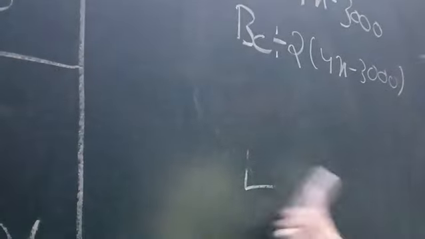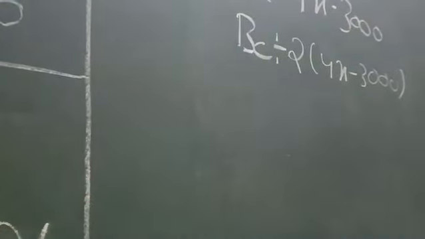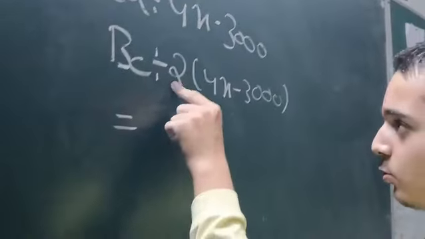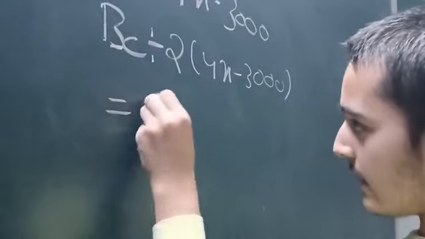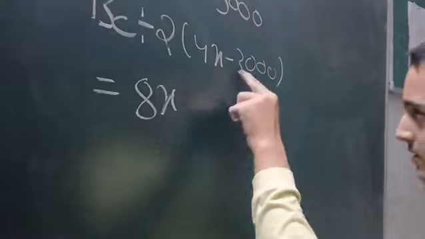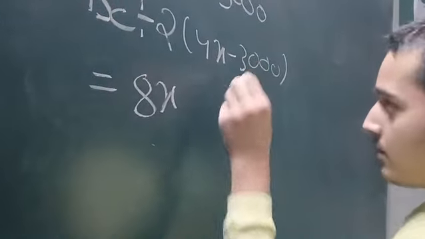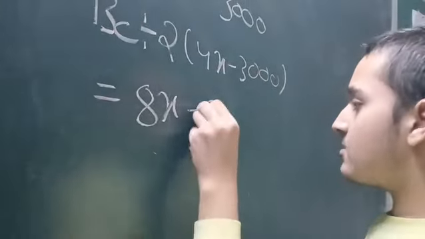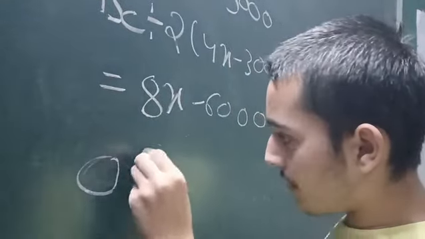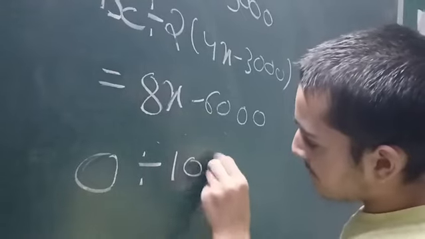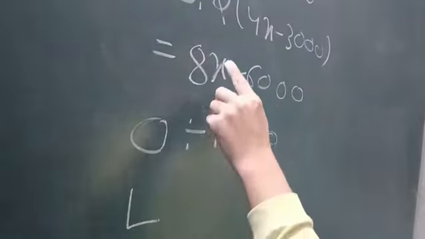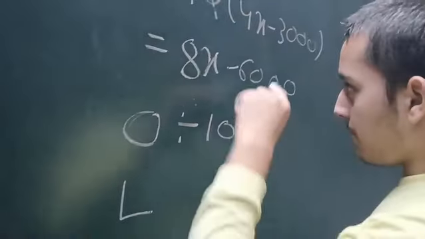So now let us solve this equation for ease. 2 into 4x is equal to 8x. Then 2 into minus 3000 is equal to minus 6000. And again the money offered will be 1000, as I previously told. And then L we will find after subtracting this from this.